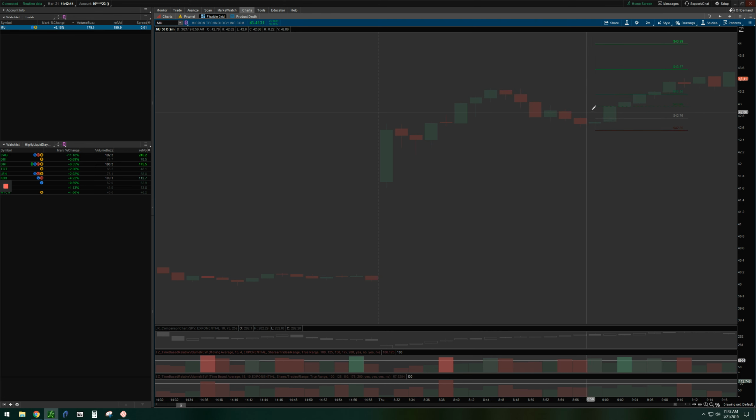And so this pullback became attractive as a tradable setup once we got down to a level where we knew that we would have at least 2R to our benefit without having to break that high.